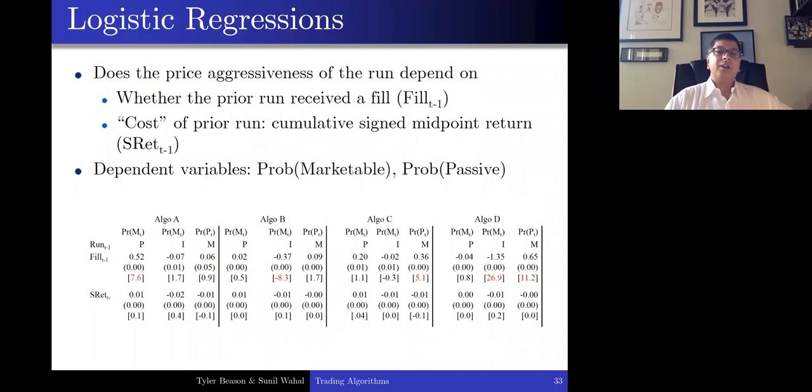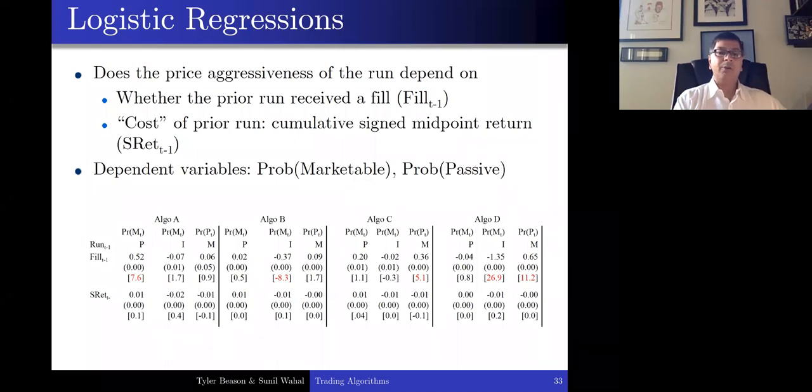So again, very quickly, we're going to estimate some simple logistic regressions here, where these are sort of conditional logits, if you will, where we're looking at the probability that the run is marketable, given that the prior run was passive, for example. And the 2 key variables of interest here are whether the prior run contained a fill, so this is a quantity trade-off here, and what the signed return looked like over the duration of the prior run.